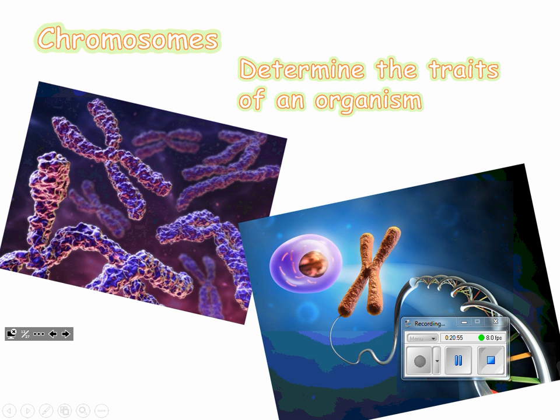Chromosomes, what are they? Every single chromosome is a structure that determines your traits. All your chromosomes are made of this spaghetti-like thing called chromatids, and they're even made up of smaller things called DNA. On your chromosomes there are genes.